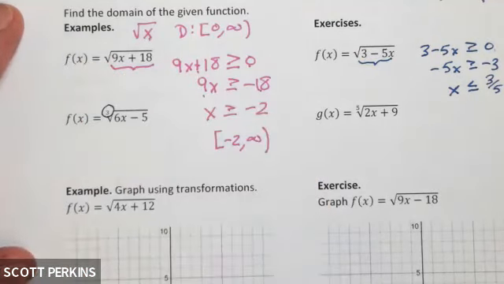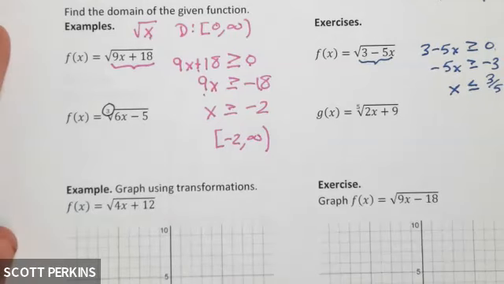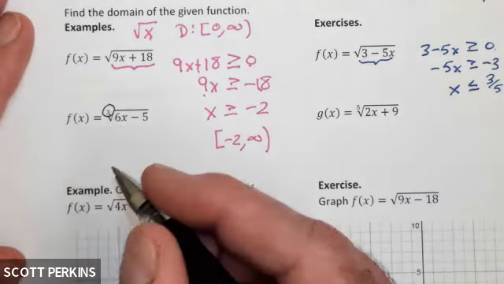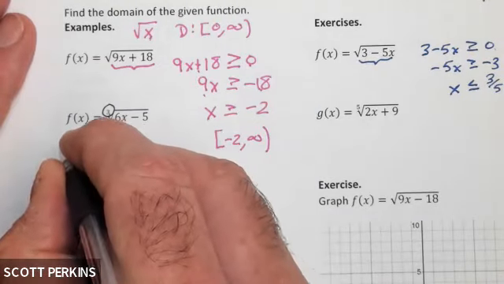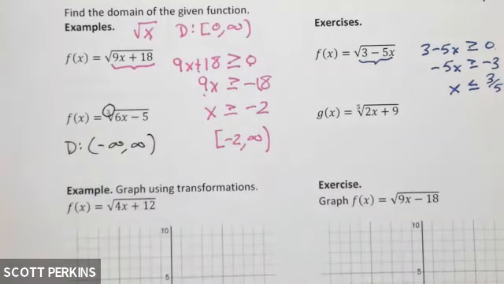Well, we just saw what the domain of the cube root is. It is negative infinity to infinity. So when you see an odd index, and we're going to focus mainly on cube roots in here because that's what we're familiar with, you don't have to do any calculating at all. Your domain here is just going to be negative infinity to positive infinity because of the change in the index.